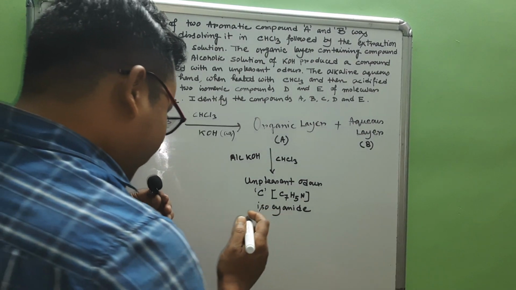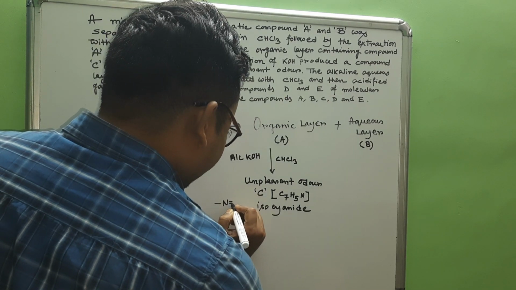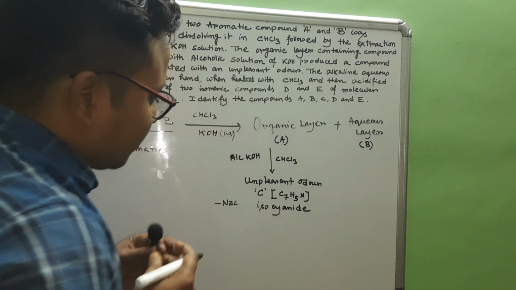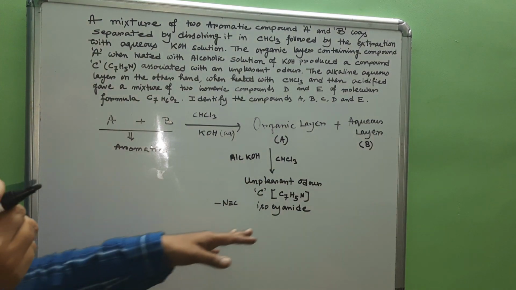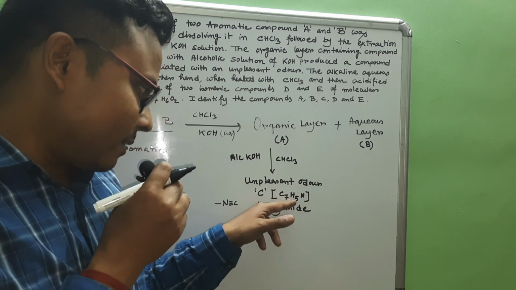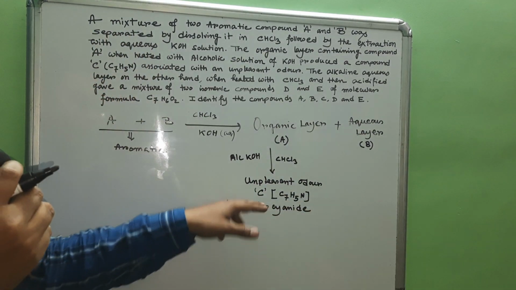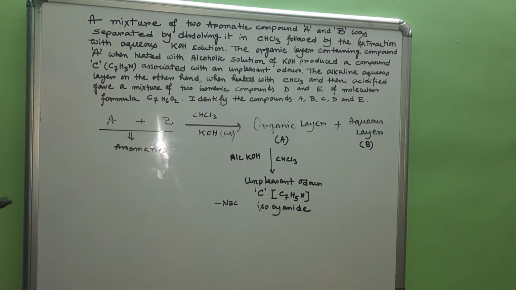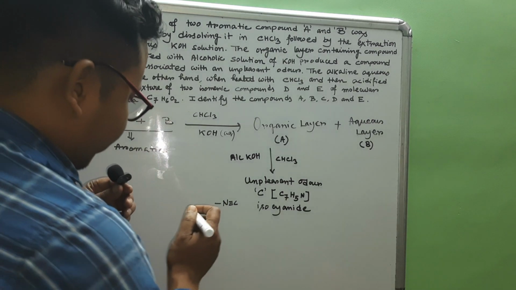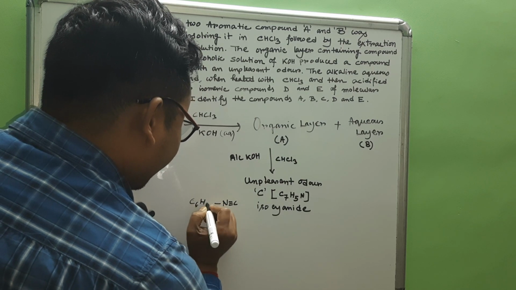So if C is an isocyanide, it should have the functional group NC. The molecular formula of C is C7H5N. Among C7H5N, N and C are already utilized, so the remaining part will be C6H5.